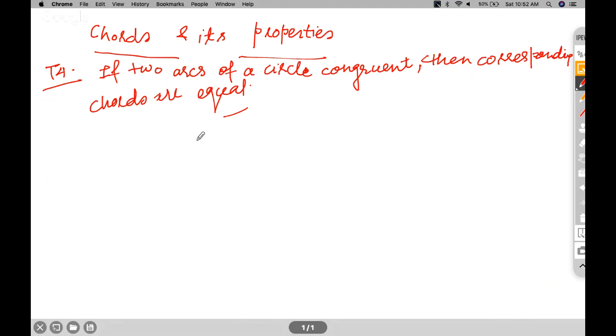So what happens is, if two arcs are equal, first of all, try to understand the relationship between chord and arc. Suppose I take this chord AB. So arc AB is this portion of the circle, a part of the circumference.